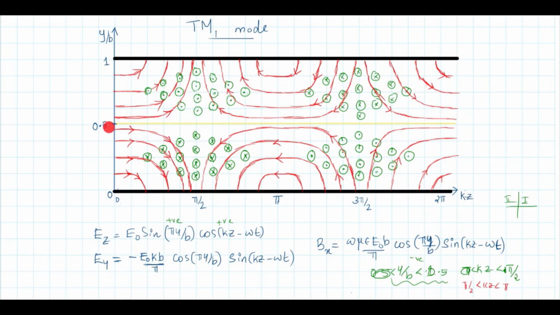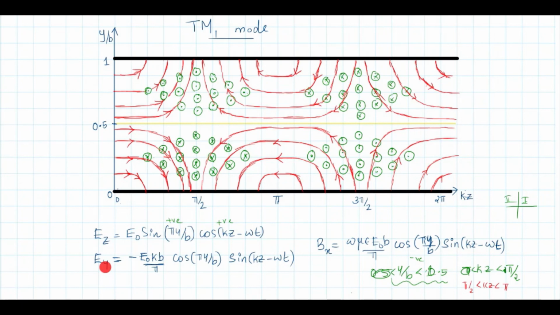Again, we are considering 0 to 0.5 region, so sign is positive. The product will be negative. That is why in this region, pi by 2 to pi, the z component of electric field is in the negative z direction. Similarly, you can look at the variation of Ez in these remaining three portions.